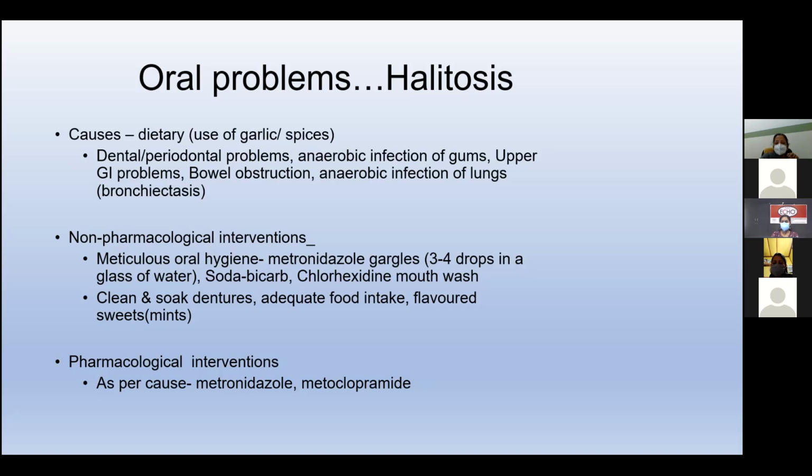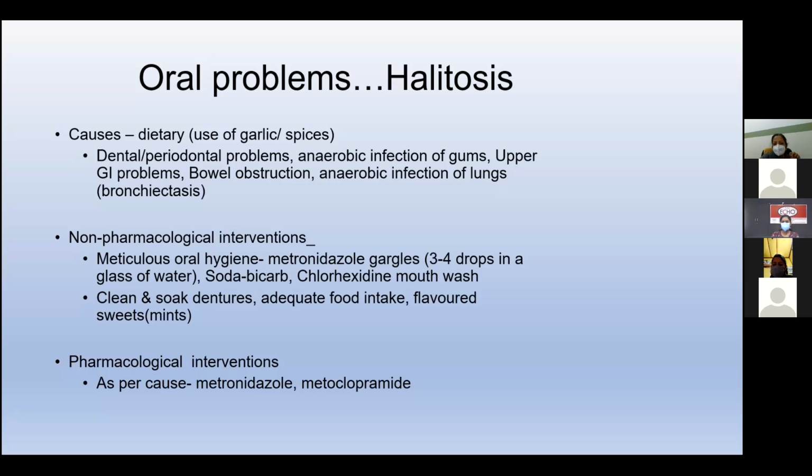Good food intake will not just remove their hunger, but it will also have some cleansing effect on the mouth. The patient can also have flavored chewing gum or mint sweeteners, so that also is good for removing halitosis.